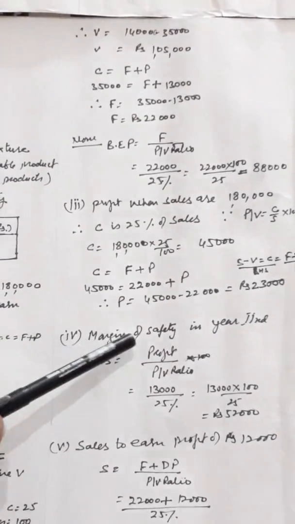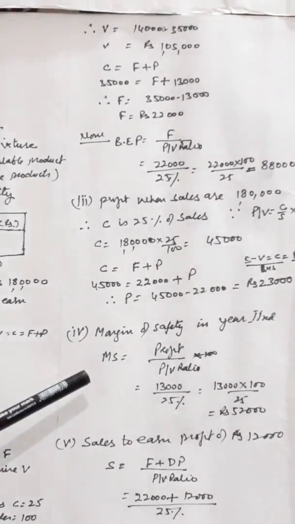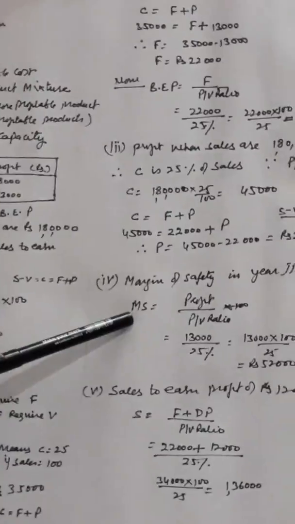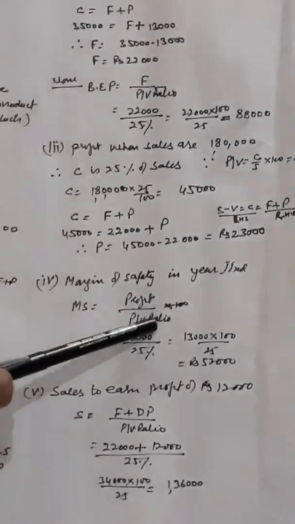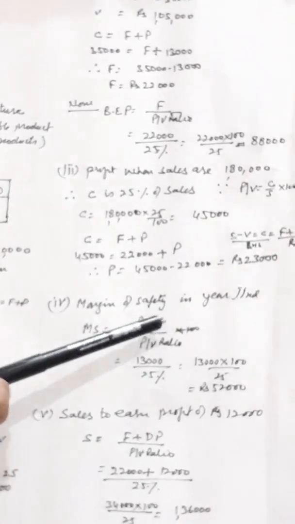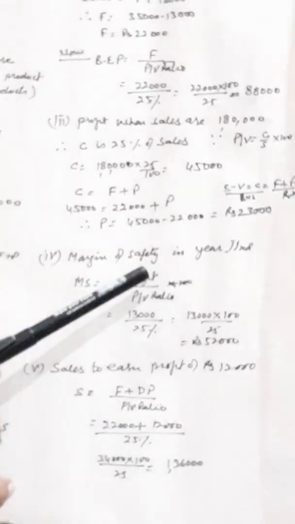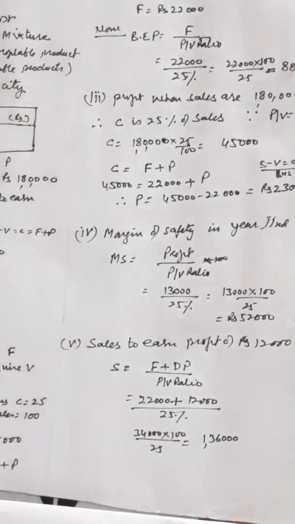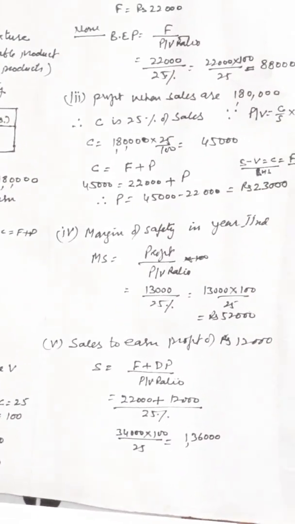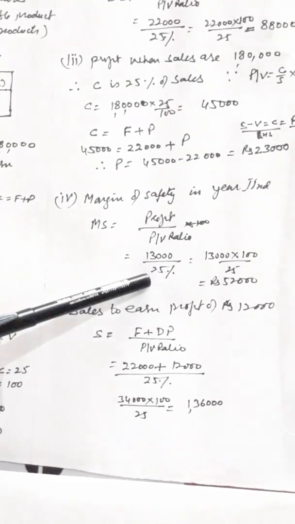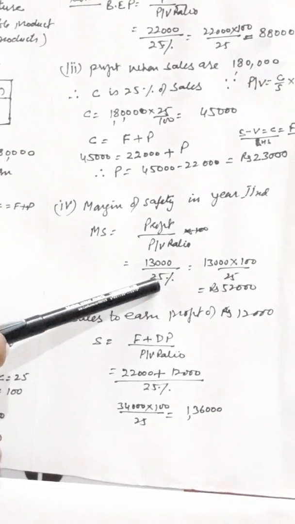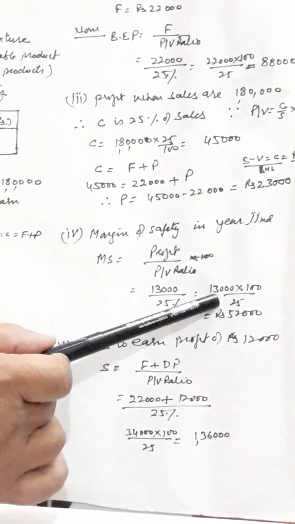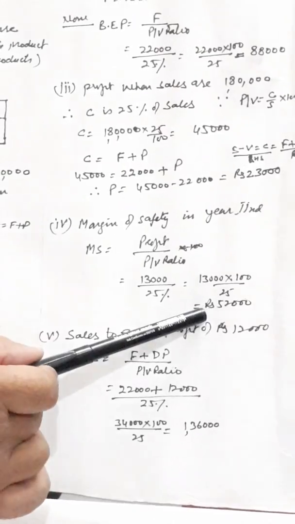Next, fourth, margin of safety in year second. The formula for margin of safety is profit upon PV ratio multiplied by 100. Now profit in year second is 13,000. 13,000 divided by PV ratio, which is given in percentage, so the result will be written as 13,000 multiplied by 100 upon 25.